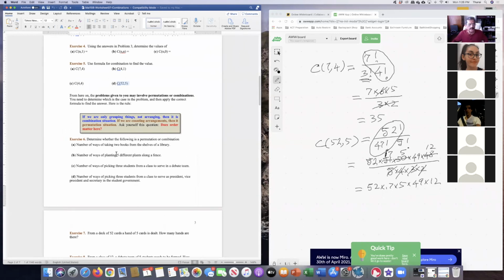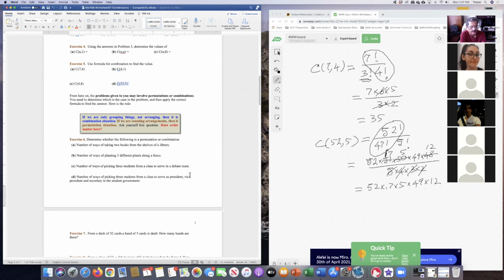So let's do this exercise 6, which is about determining whether the problem is a combination problem or permutation problem. Determine whether the following are permutations or combinations. Question A: number of ways of taking 2 books from the shelves of a library. You're taking 2 books from the shelves.